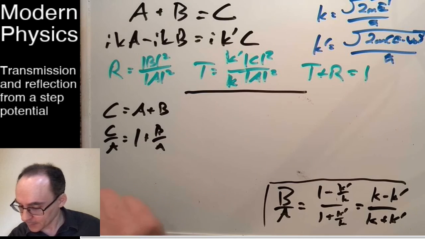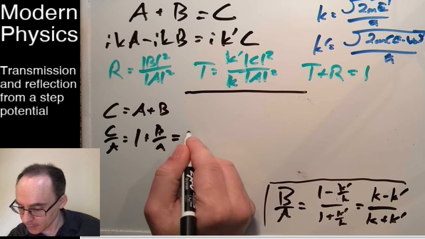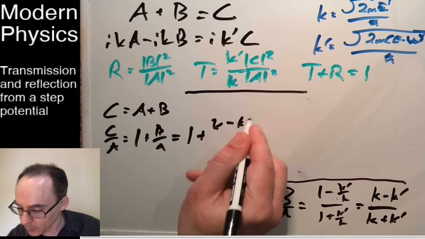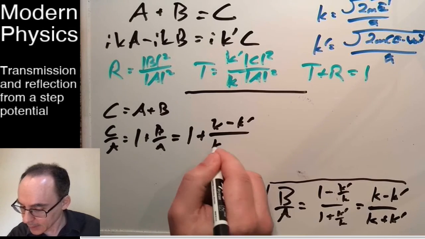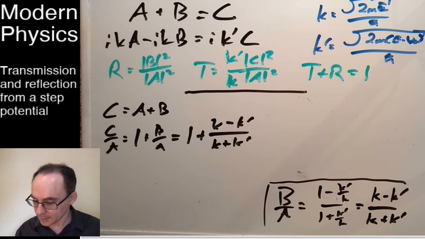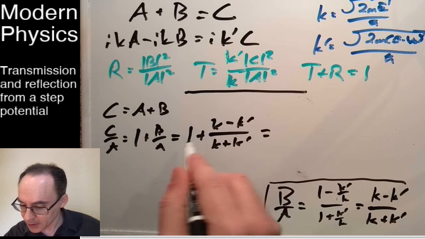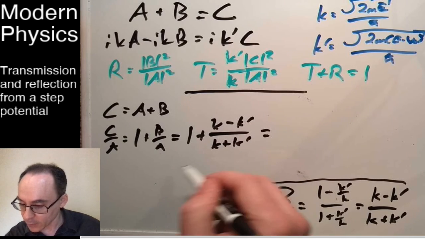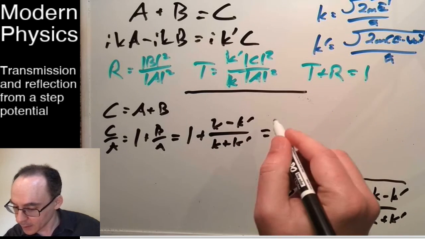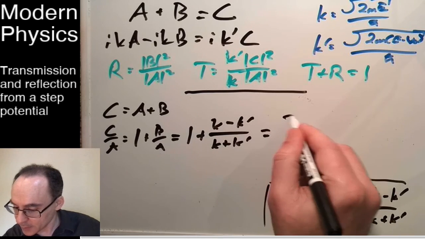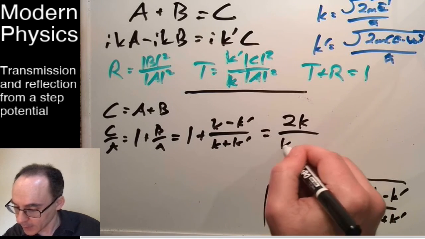And so we can write 1 plus, we've already solved for that, (K minus K prime) over (K plus K prime). And we can rewrite this in a nicer way by saying 1 is actually (K plus K prime) over (K plus K prime). And when we put that together, we get 2K over (K plus K prime).